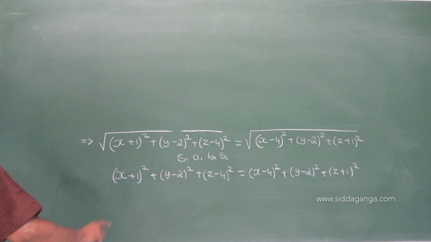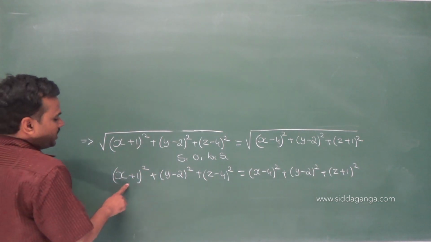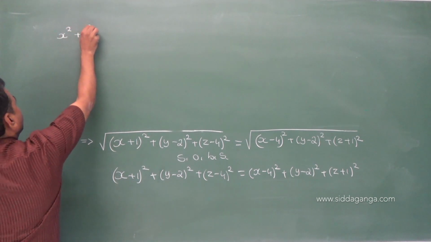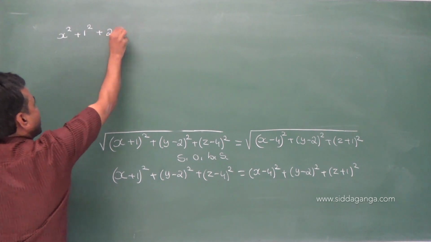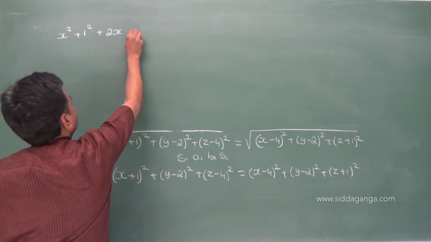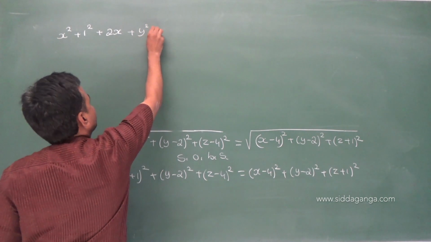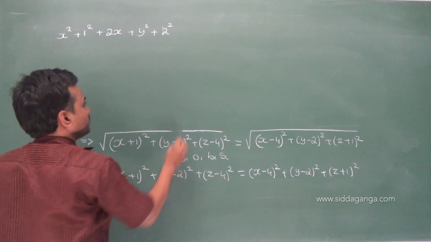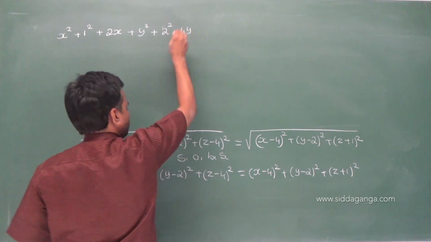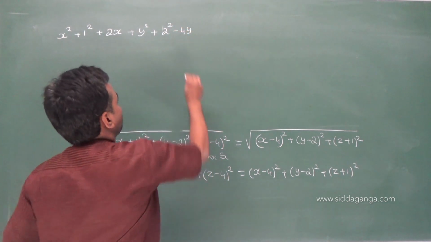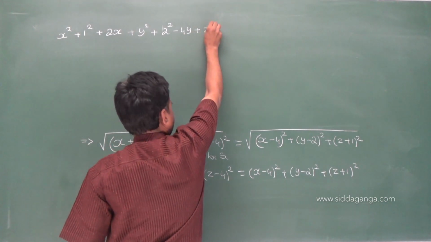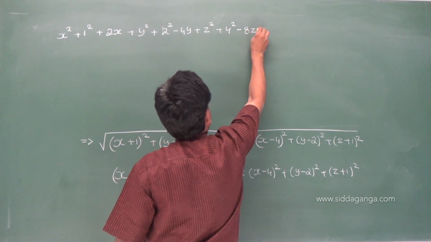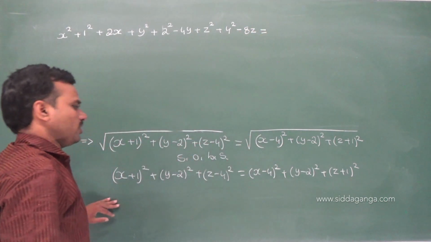Okay. So x plus 1, it is of the form a plus b whole square: x square plus 1 square plus 2x, plus y square plus 2 square minus 4y, 2ab, plus z square plus 4 square minus 8z is equal to, LHS is over.